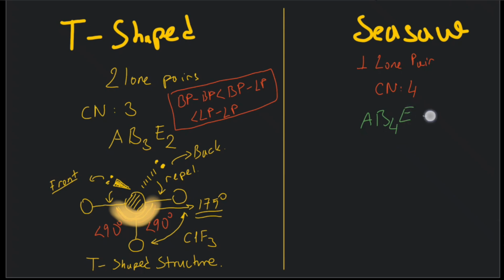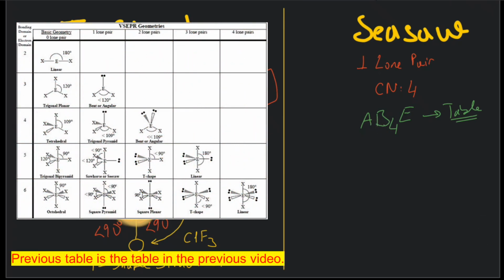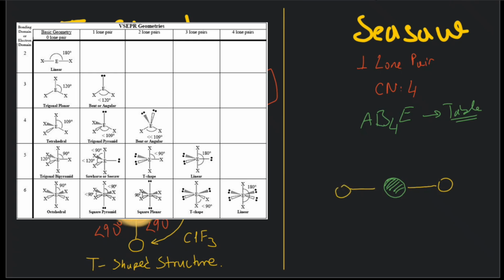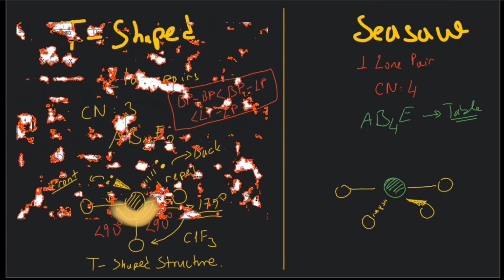So if you look at the table, like the previous table, we see a seesaw structure, and if I draw it, we have a central atom. This is a central atom, okay, and these are the other atoms which are connected to the central atom, okay. One of them is coming out and the other is going back.